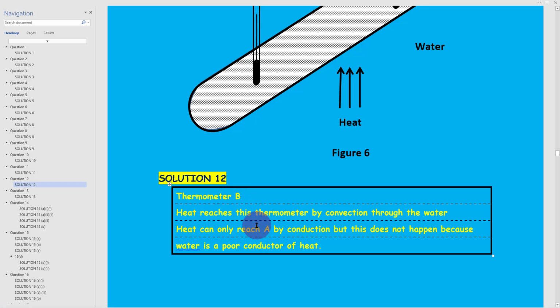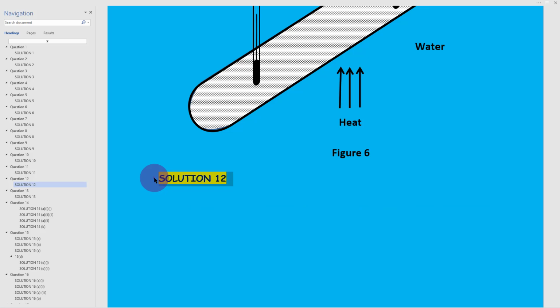Why? Heat reaches this thermometer by convection through the water. Heat can only reach A by conduction, but this does not happen because water is a poor conductor of heat. So that answer was just as simple as that. Let's go to question 13.